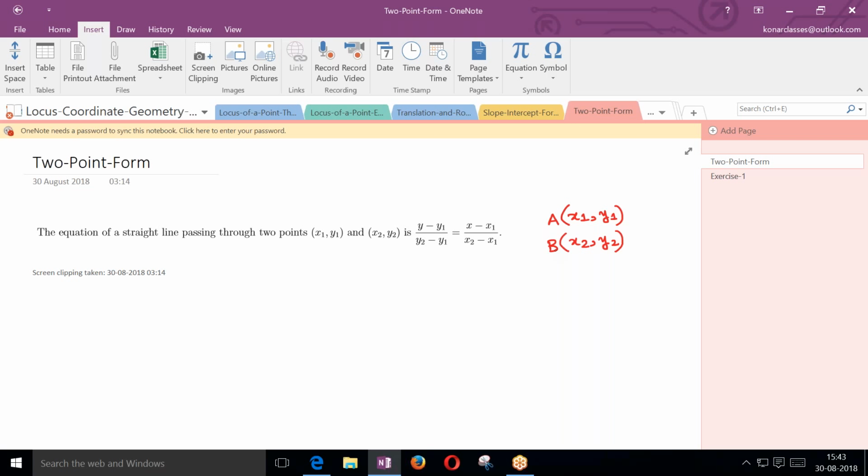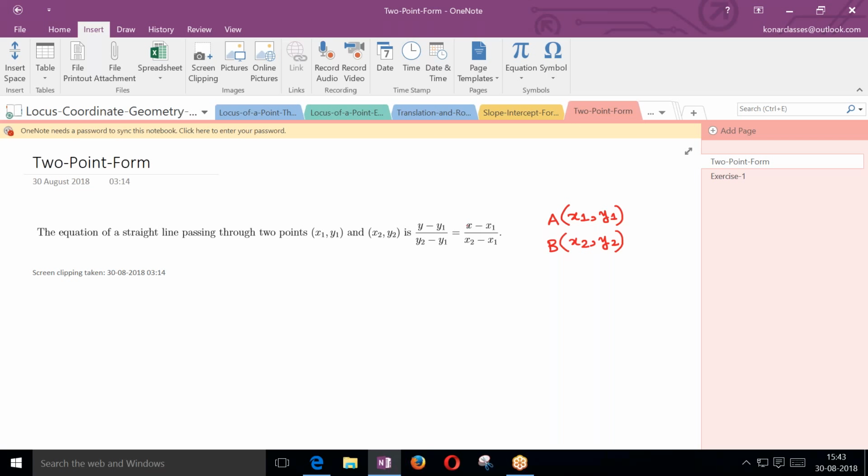So as two points are given, we can find the unique straight line. That we can actually derive from the previous topic, the point slope form.